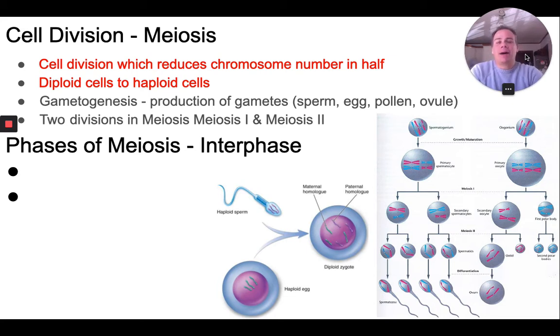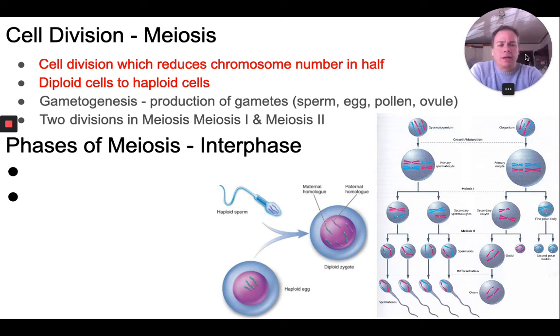So in meiosis, some parts are similar to mitosis, some parts are different. We'll talk about some of those differences here today. The names of the phases in meiosis are the same: interphase, prophase, metaphase, anaphase, telophase. But in meiosis, each of them happens twice.